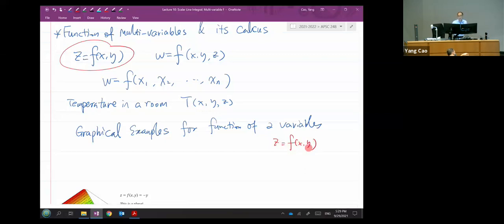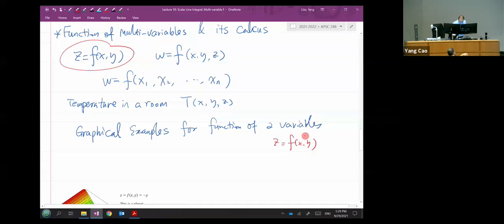How come you don't show me a graphical illustration of a function of three variables? The reason is you can't, because as human beings we're restricted to three dimensions. A computer can help you visualize multiple dimensions, but in reality, when we think about things, we're restricted to 3D.